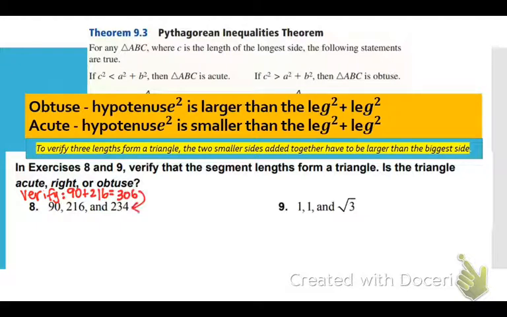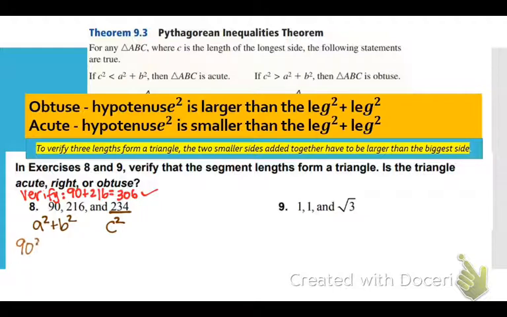Is 306 bigger than 234? Yes. So then this is a triangle in general. Now we're going to decide what kind of triangle. All right, so we're going to use the Pythagorean theorem. Which one of these are we going to use for C? Yeah, 234, the biggest side.